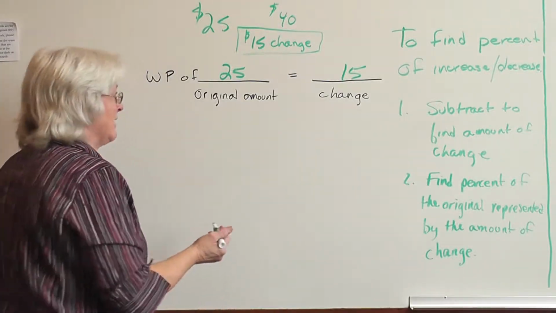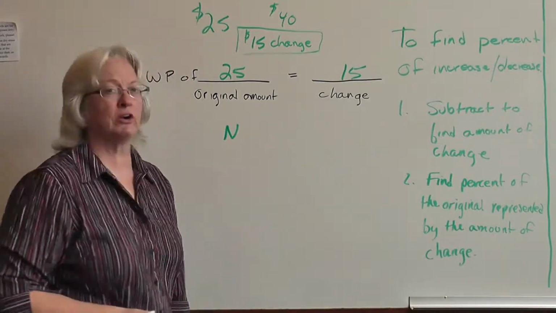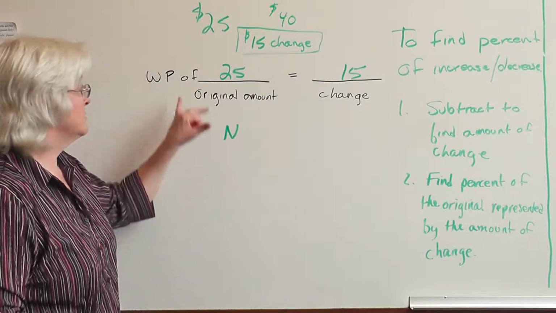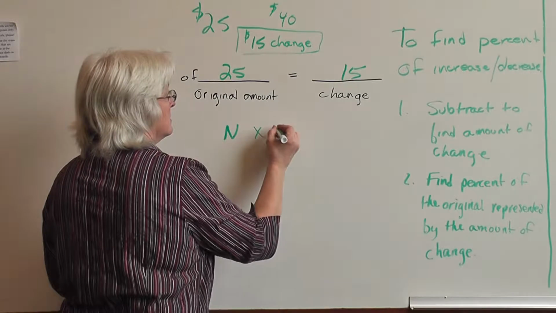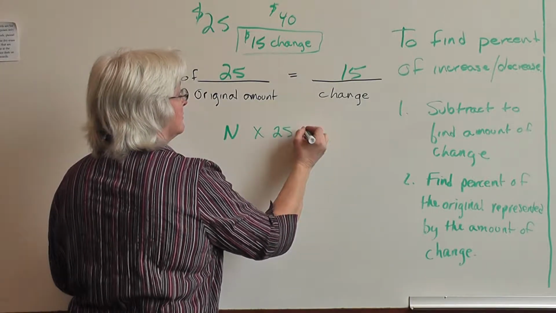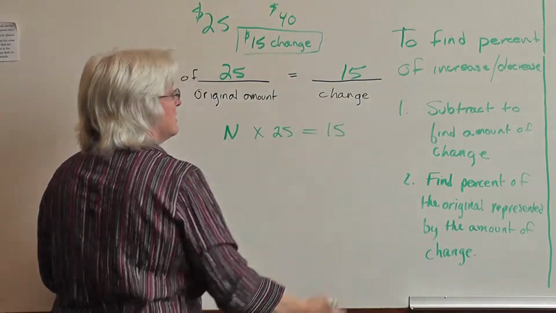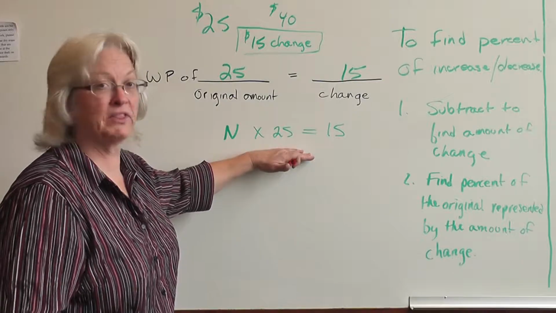And they're saying, let's have n be our variable that we're going to use for percentage. What does of mean? It means to multiply. N times 25 is equal to 15.